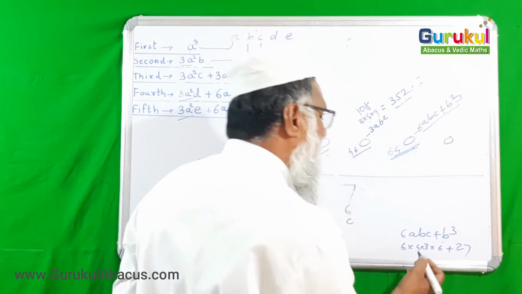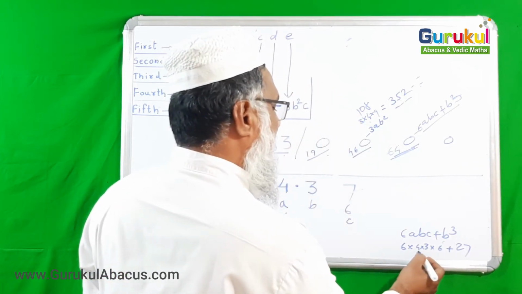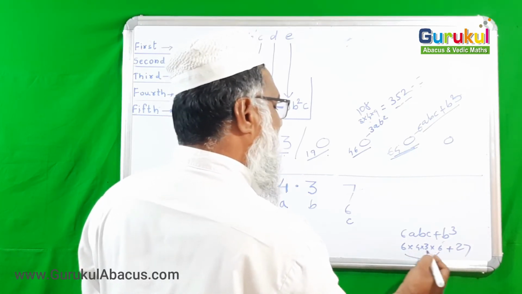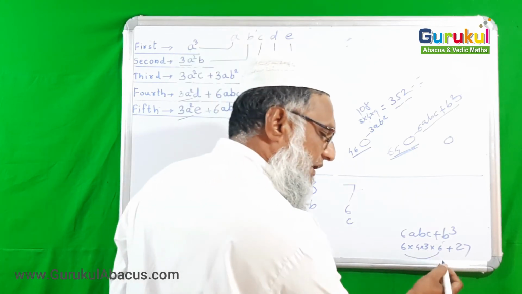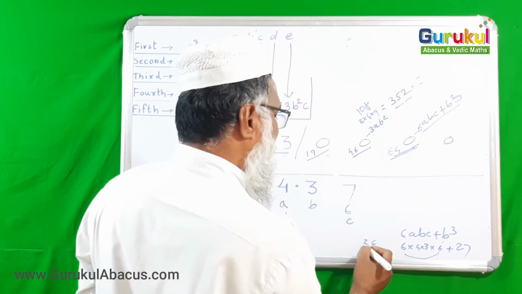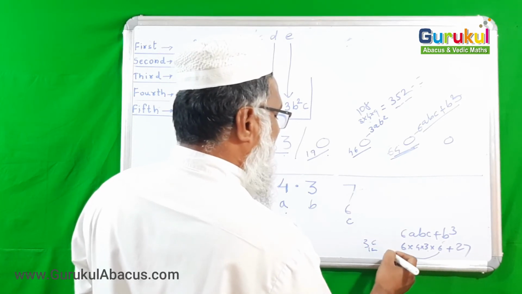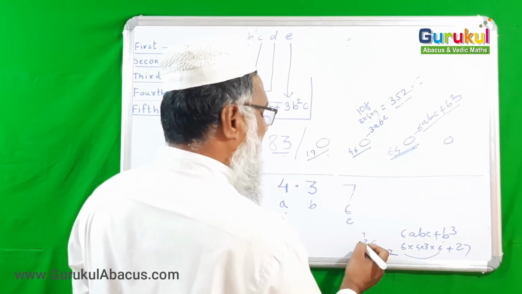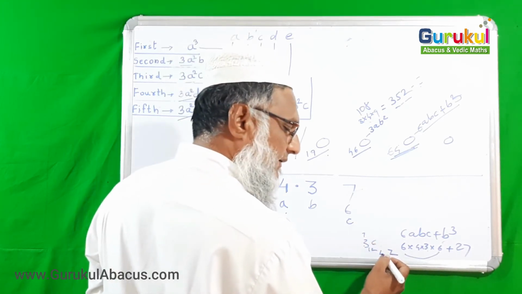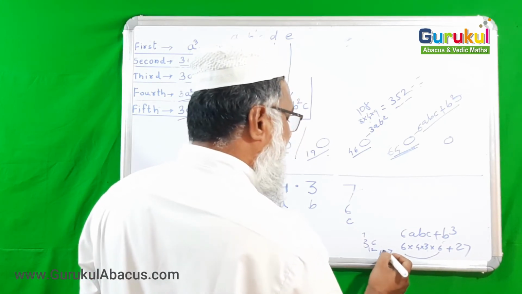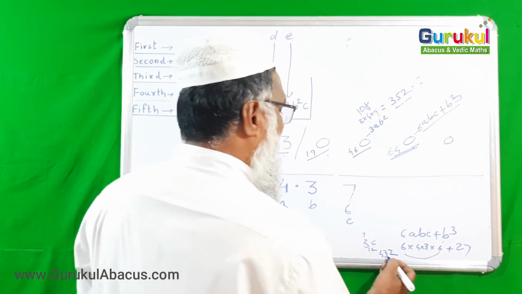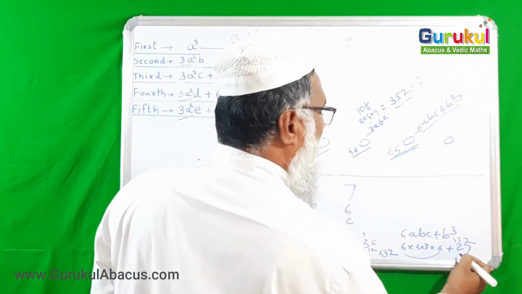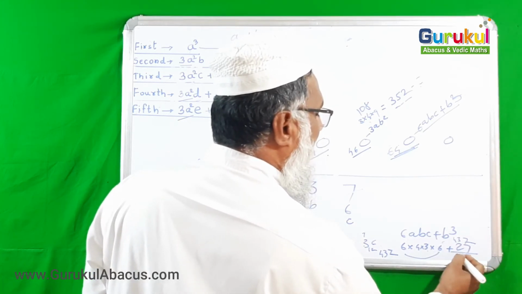Together 6 6s are 36, into 12, plus 36 into 12. 12 6s are 72, 12 3s are 36, and 7 is 43, so 432 plus 27. Together they are 954.